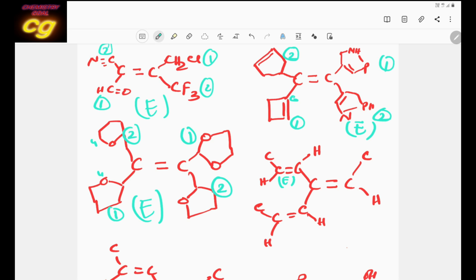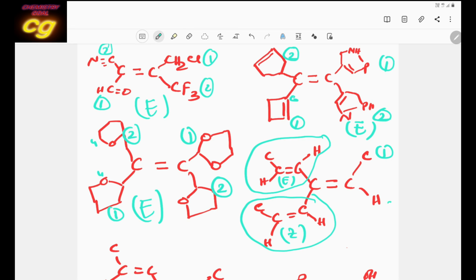This is also an E case, and this is also opposites. This is a Z case. Both are the same group, this group and this group are the same, but the arrangement is different. This is E arrangement, this is Z arrangement, and as carbon carbon, this is 1 and this is 2.